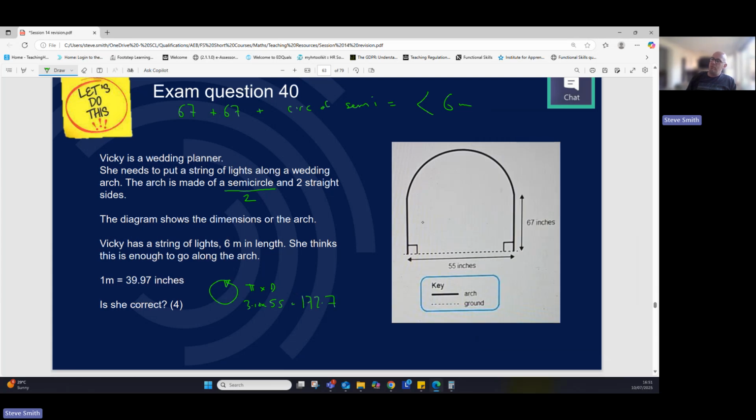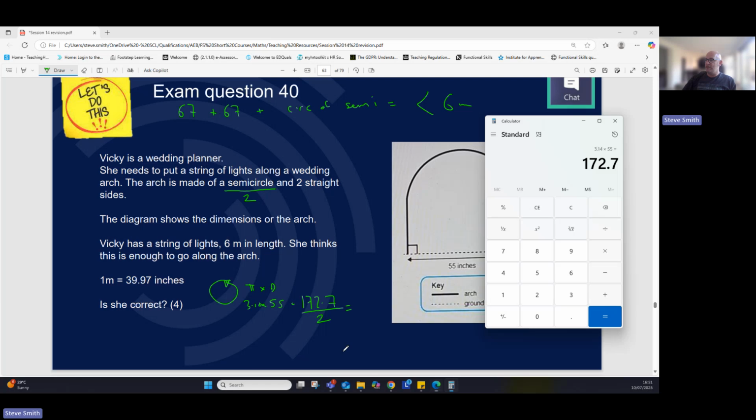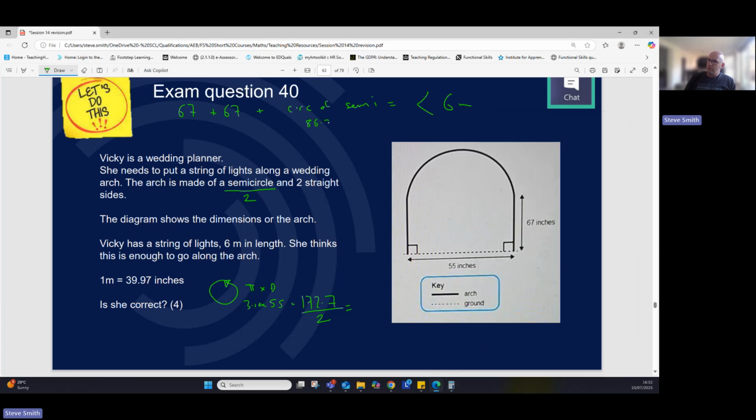As we know, that would be the full circle. So that would be a common error made on this question. We must divide by 2 because it's a semicircle. Divide by 2, 86.35. So our missing number is 86.35.